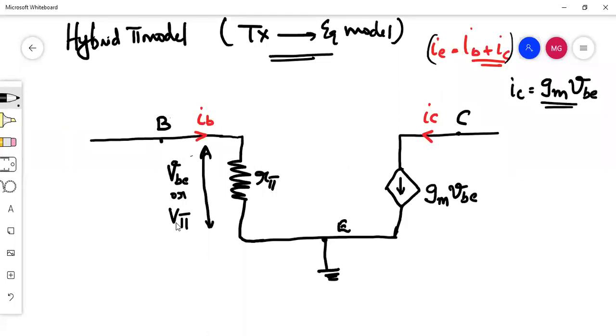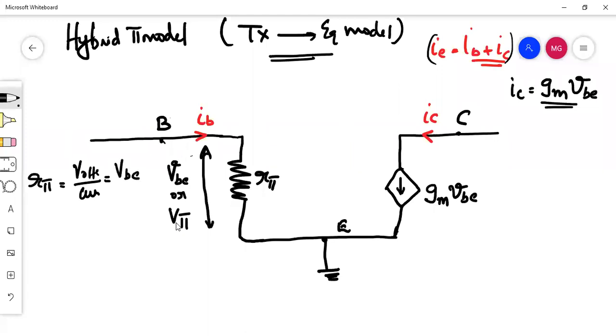Yes. So my question here is, what is the equation of R pi? R pi means the resistor that is internally between base and emitter. That is some voltage by some current. So what is the voltage across R pi? That is either VBE or V pi.